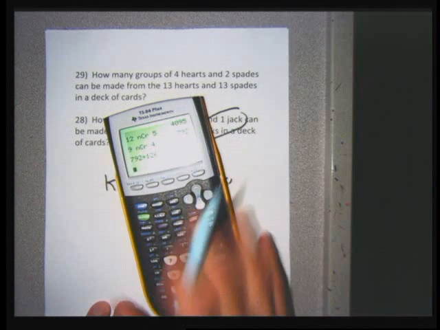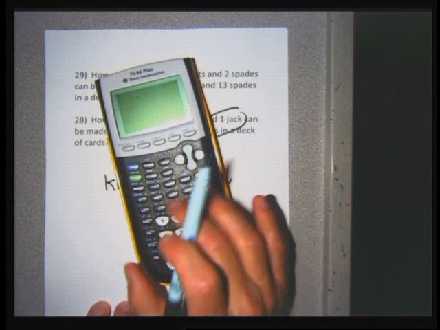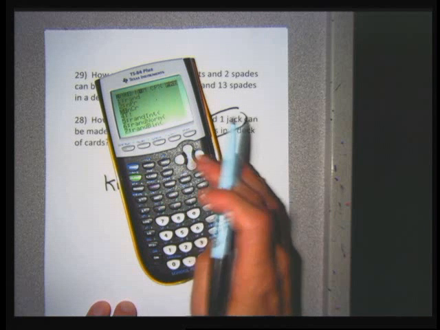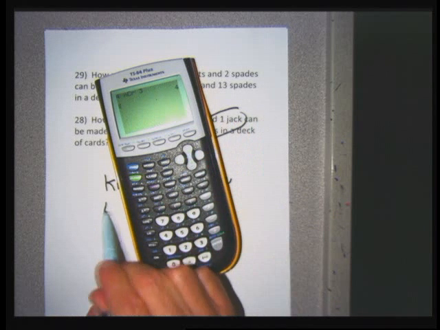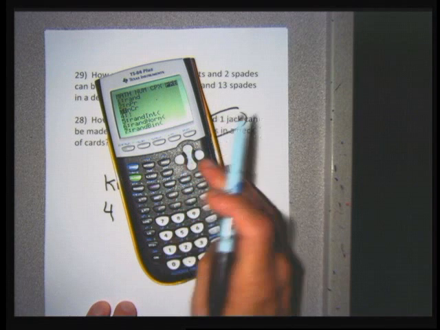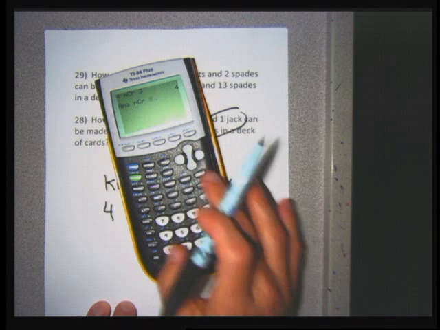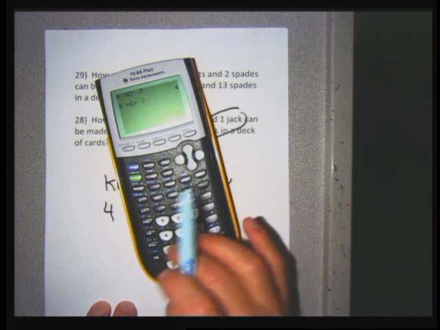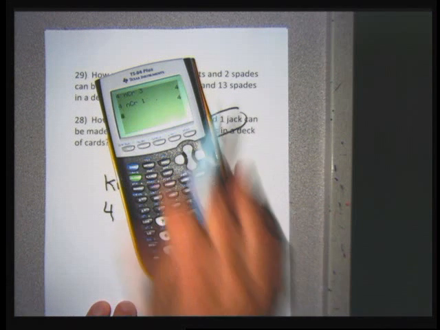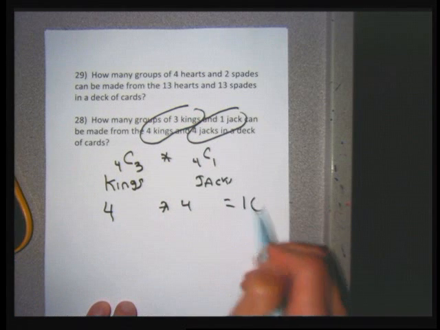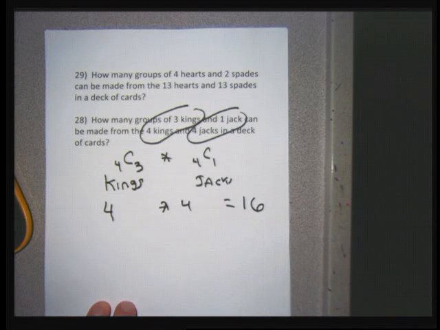So 4 math choose 3 is 4, and 4 choose 1 is also 4. So this is 4 times 4. My 28 is going to be 16.